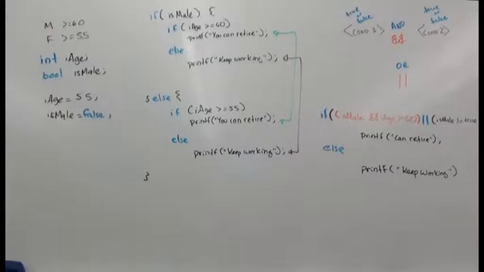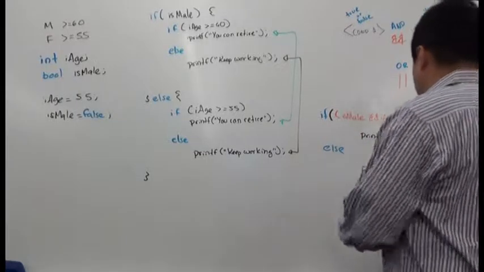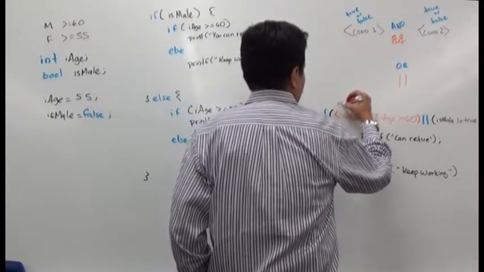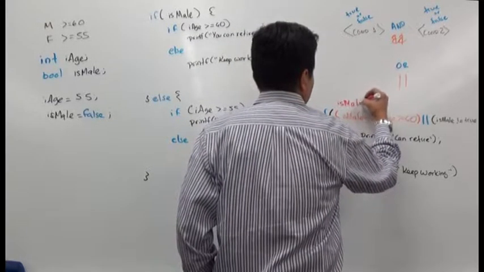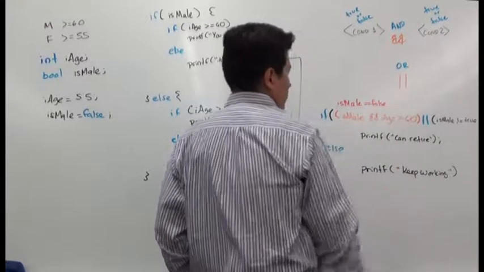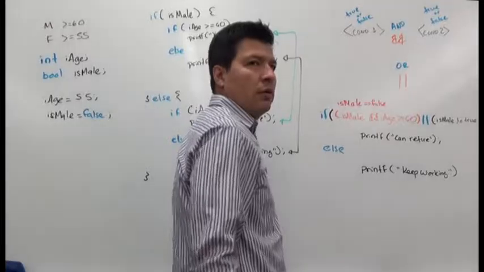No. All right. No matter what gender they are, they can retire. So instead of this, you could write it like this. You could say male equals false, or you can just put not male.